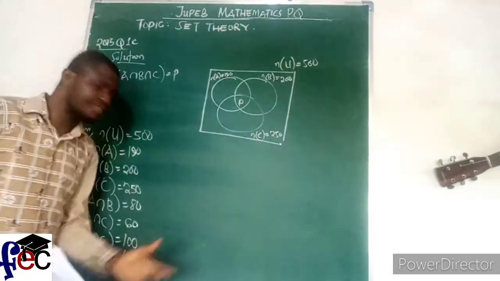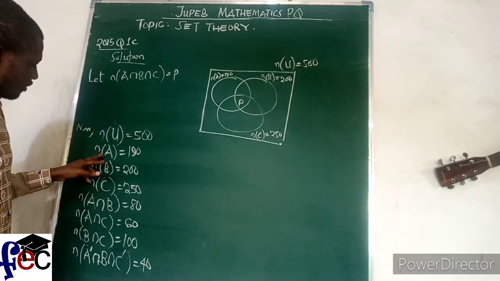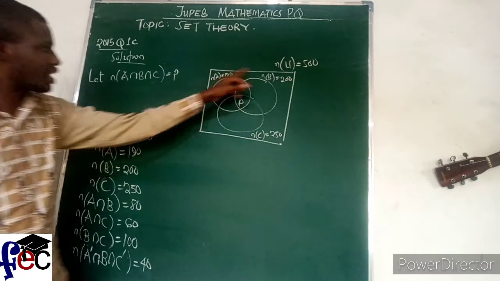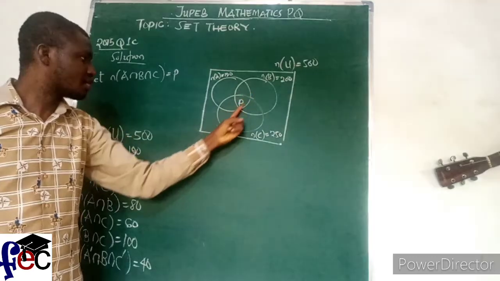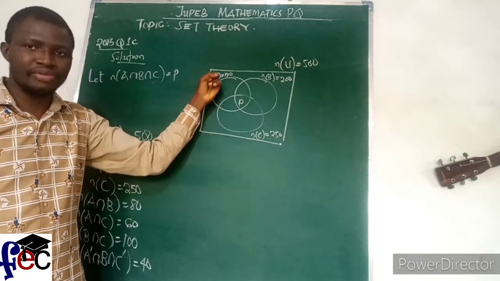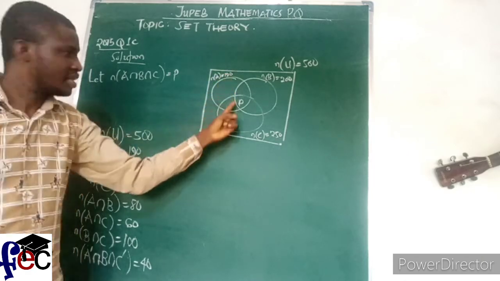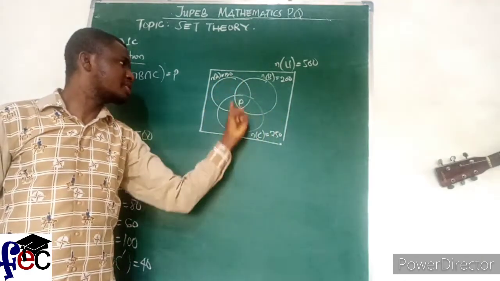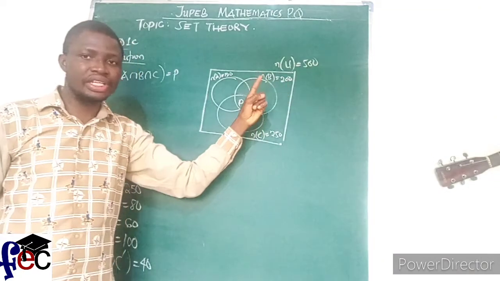Alright, so let's now check for other ones. We have already filled this and this. What this implies is that everything inside this circle represents those that voted for party A, and their number is 190. Everything inside this circle represents those that voted party B, and their number is 200.